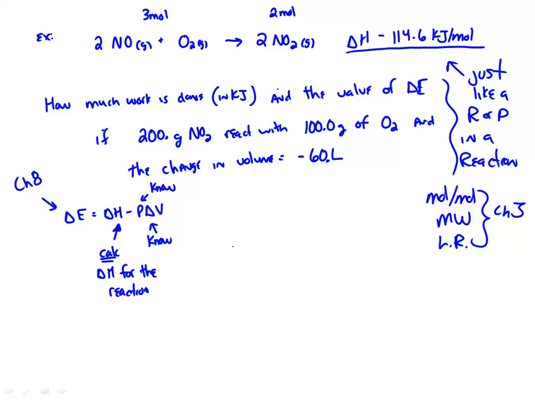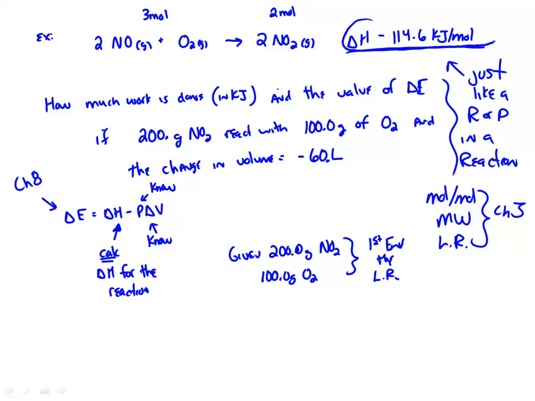So what we're really asking is, can I calculate delta H for that reaction? Since I'm given 200.0 grams of NO and 100.0 grams of O2, the first thing I have to do is find the limiting reactant for that equation. To figure out the actual value of delta H, that value is based on moles.